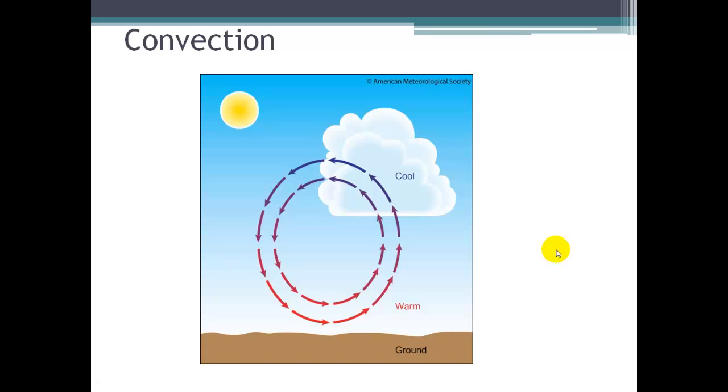Convection is the movement through a fluid, and we can think of the Earth's atmosphere as a fluid. It's made up of a lot of water vapor and other gases that behave like liquids. What happens is the sun, through radiation, heats the ground, and the ground heats through conduction, molecule by molecule by molecule.